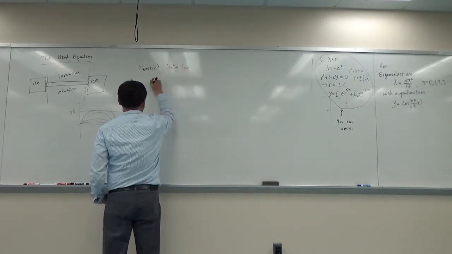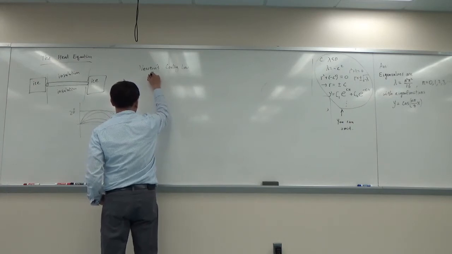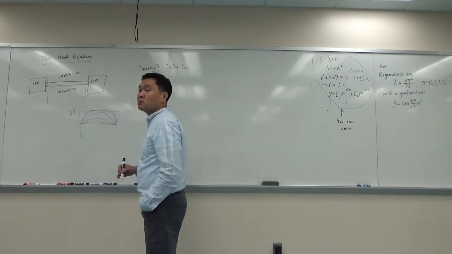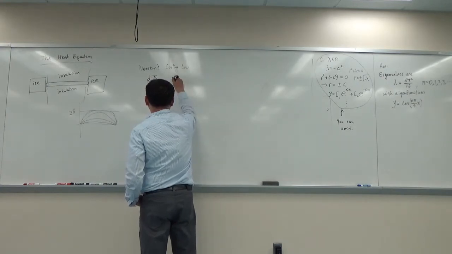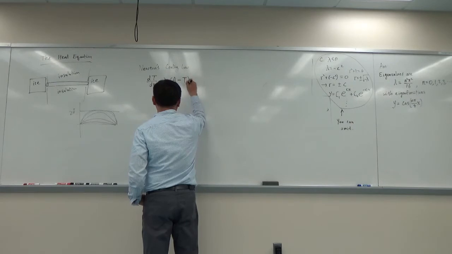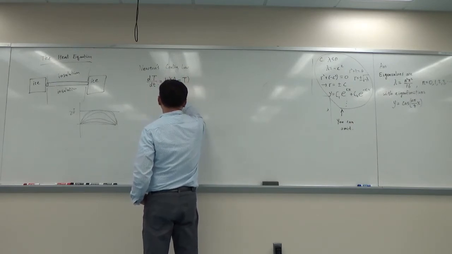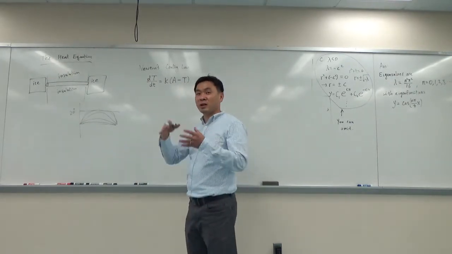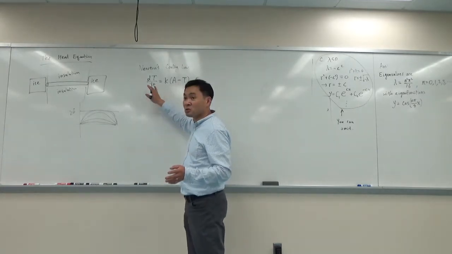This states that the temperature of an object will change in proportion to the difference between the ambient temperature and itself. So if the difference is big, the temperature will rise or decline very fast. If this value is small, then it's not going to change that much.